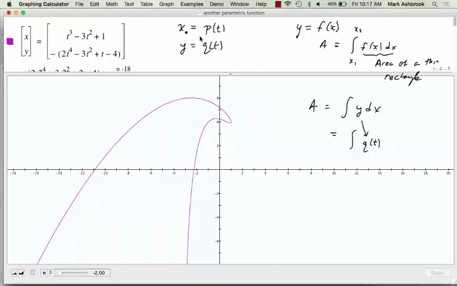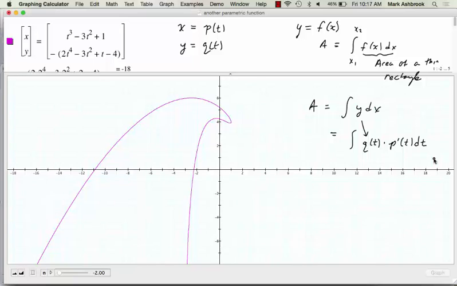And what is dx? If x is p of t, then what is dx? Yeah, the derivative, so it'd be p prime of t dt. So we just changed it from variable x to variable t, but it's doing the same thing.